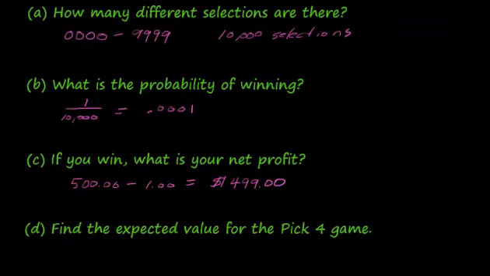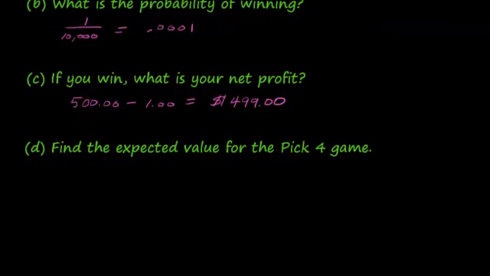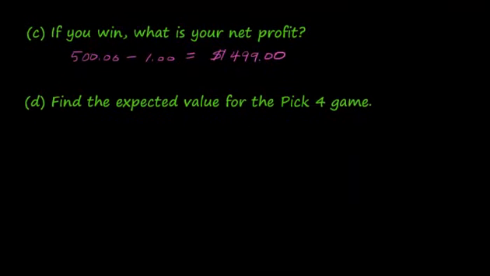Okay, well, let's find the expected value of the Pick 4 game. So we'll do the same thing. We'll create our probability distribution, where our outcomes are either that we win or we lose. And if we win, $499. And if we lose, we're out, we lost $1. So we're down $1.